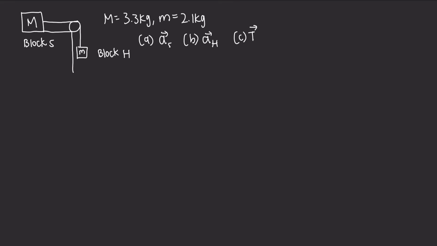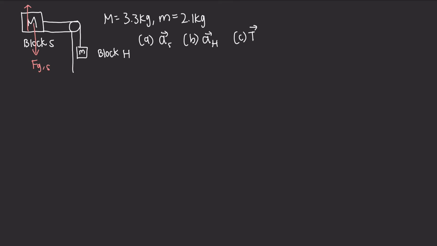So starting with block S, let us think about the forces that are acting on this block. So in all cases, there will be a force of gravity on the block acting at the center of mass. So this is the force of gravity on block S. And then similarly, there is going to be a normal force from the table.